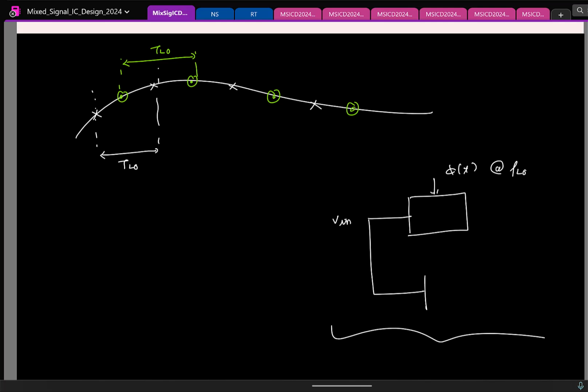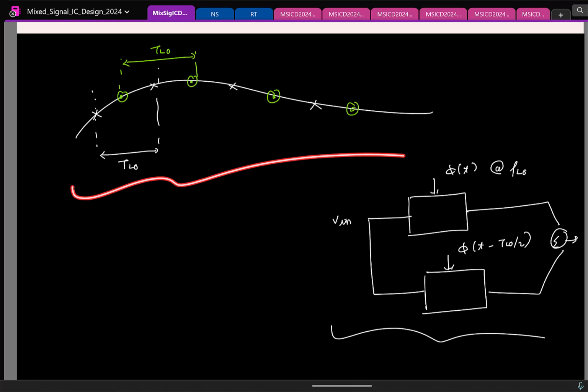So I will take another copy of this, feed a clock which is delayed by half a clock period, and then if I add the outputs here, to the outside world it will look like things are happening at a faster rate. Fine. Again, we will return to this concept later, but the idea should not be that difficult to understand.